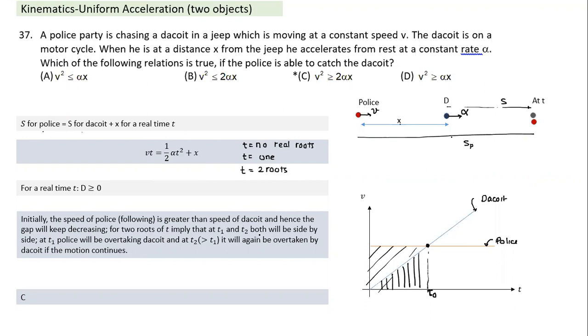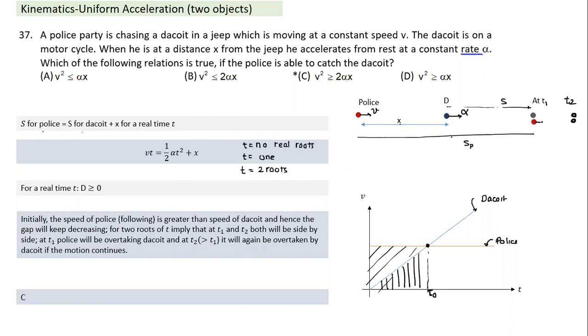Does it not mean the same thing? So there's one value T1 where they are side by side, and again there's another value T2, assuming T2 is greater, where they are again side by side. Why is this happening? At this particular instance they have come side by side, but whose speed is greater at this time?